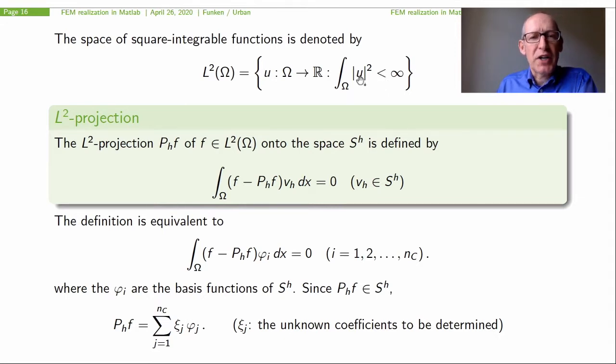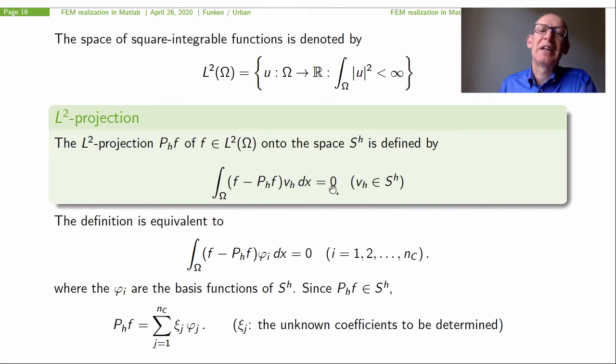The L2 projection itself is defined as a projection of a function f of L2 onto the space Sh, and the function ph of f, which is in Sh, has to satisfy the integral over omega of (f minus ph of f) times vh dx equal to 0.